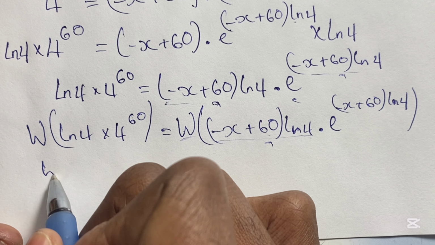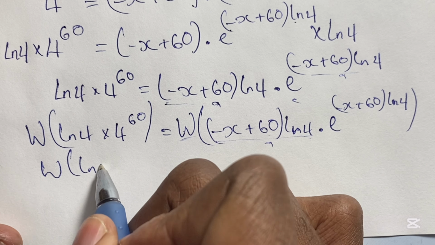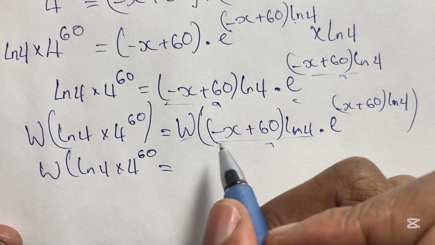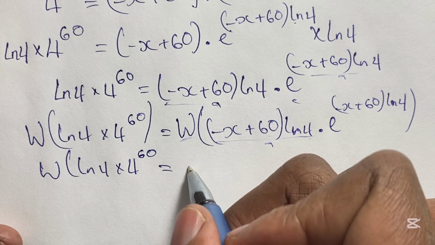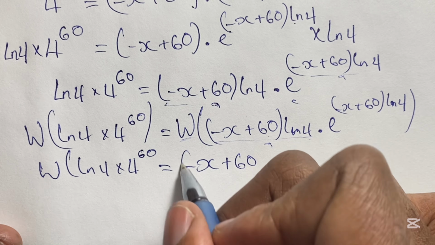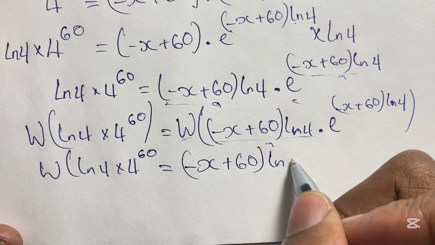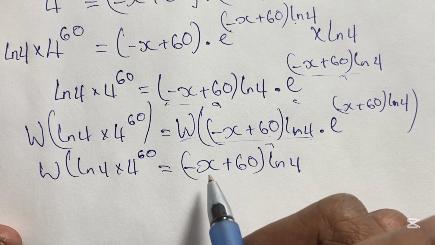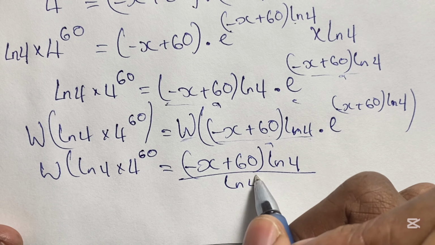So let us just rewrite that. So we have W of ln 4 times 4 to the power of 60. We have this in brackets still, and this is equal to the value of a, which is negative x plus 60 times ln 4. And now from here we continue to solve the value of x by dividing both sides of this equation by ln 4.